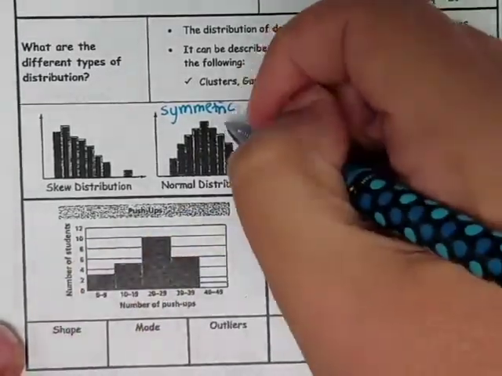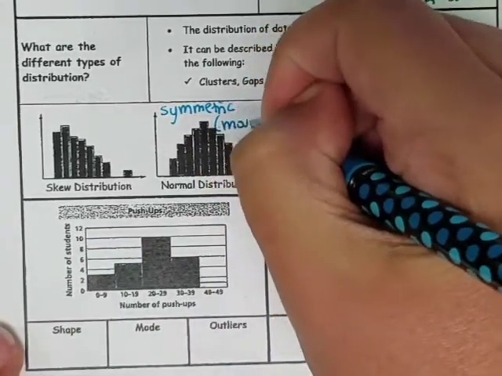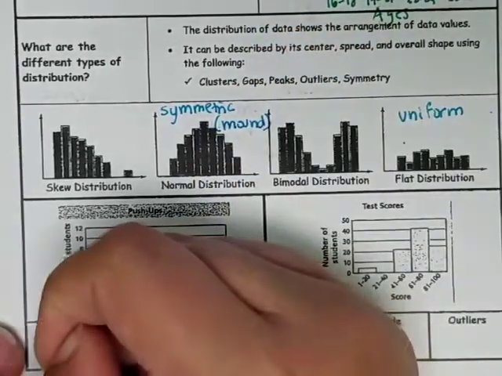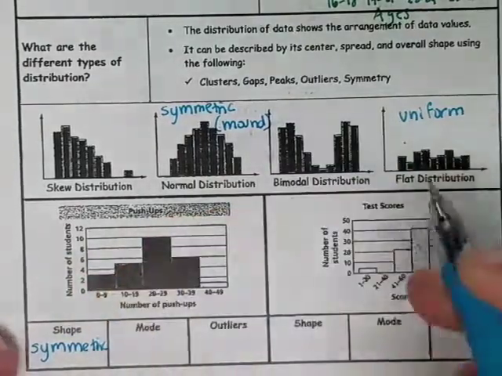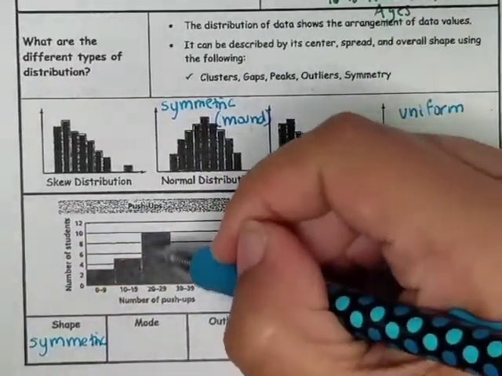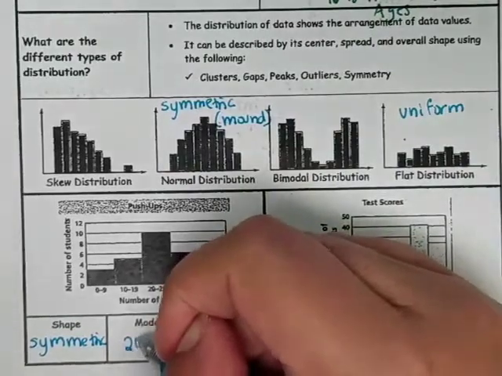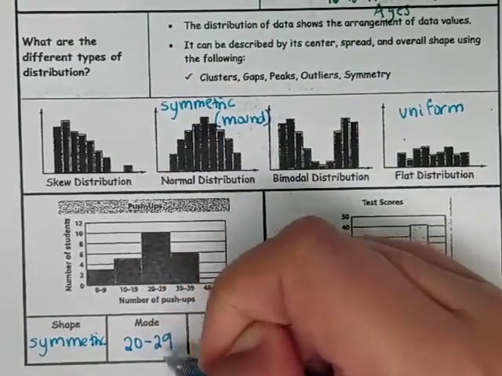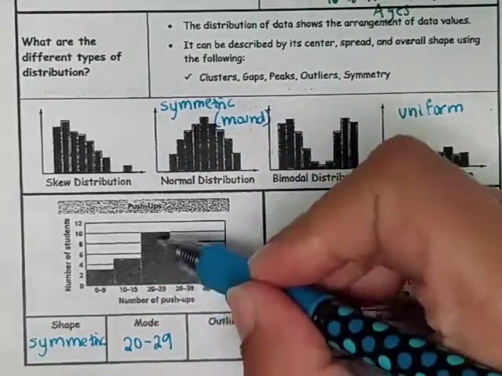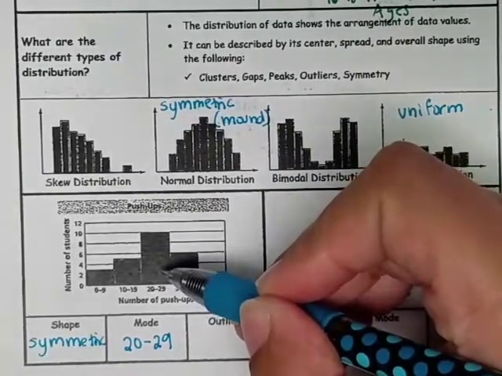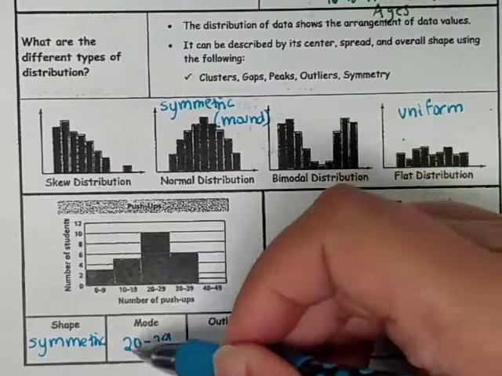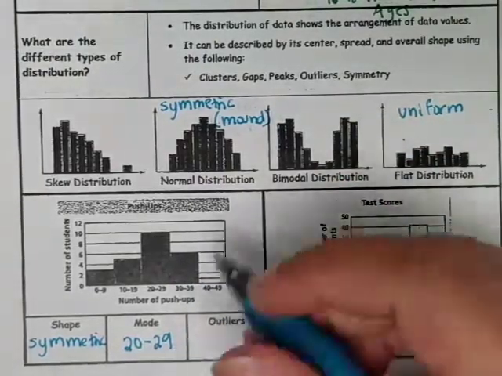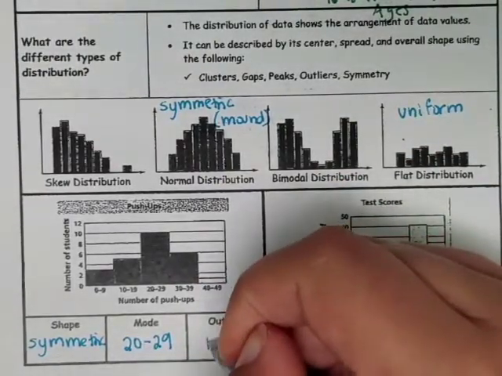You might also hear me use the word mound. So symmetric or mound or normal. The mode for this is going to be in the range of 20 through 29. We can't give a specific mode because we don't know what numbers are actually in here. They could be all 20s, they could be all 21s, they could be a range of them within that data set, so we just have to give the range here, or the interval here. And then an outlier, there are none.